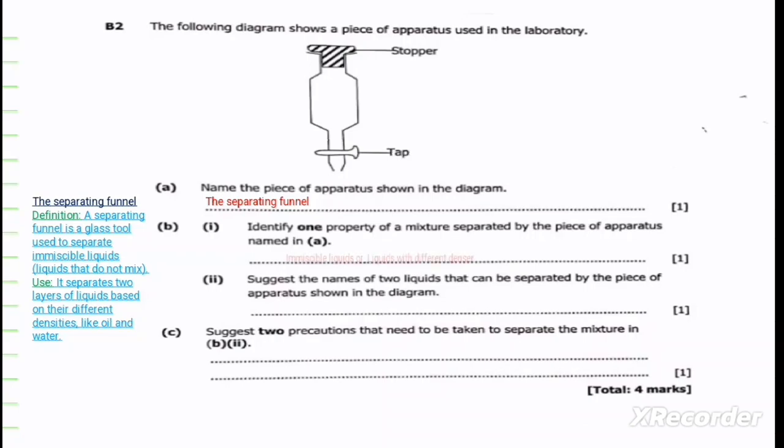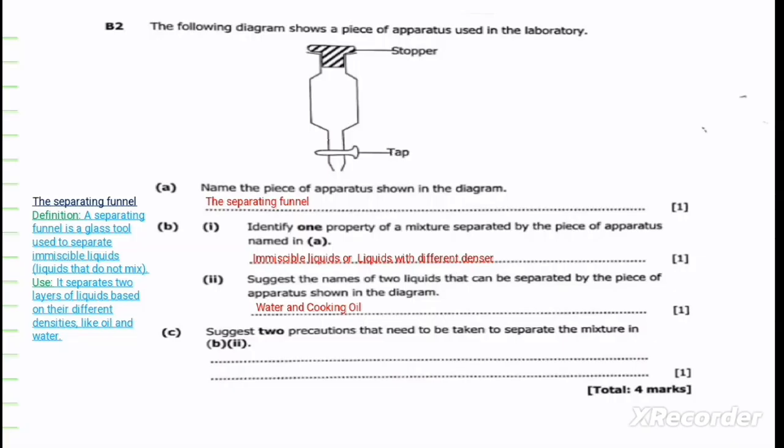So the property of the mixture is immiscible liquids, or liquids that do not mix completely. B(ii). Suggest the names of 2 liquids that can be separated by the piece of apparatus shown in the diagram. So the names of the liquids are water and cooking oil.